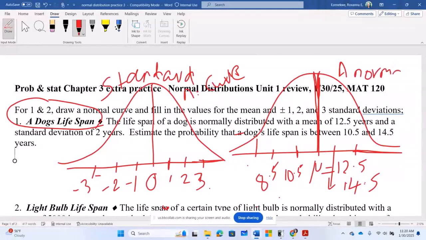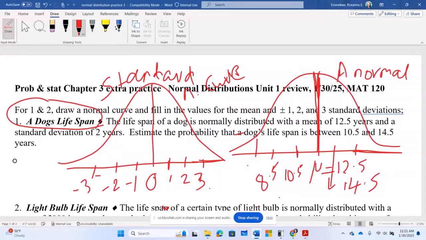Therefore, be careful from now on. You could be told that a normal curve has a mean of 20. That is just a normal curve. But if you're told to convert that normal curve to a standard normal curve, it means find the z-score, standardize each of them.